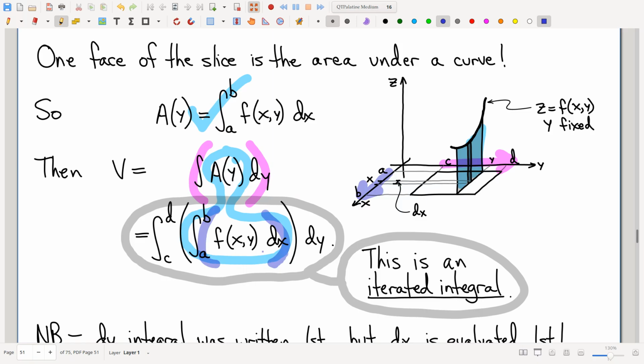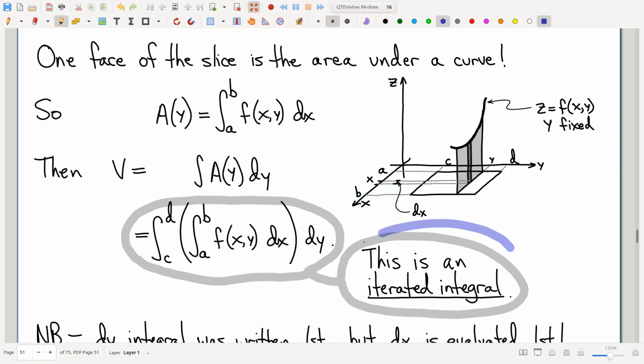So the weird thing about this computation is that we're doing an integral of another integral. And that's maybe the first time, I don't know, but possibly for many of you, probably the first time you've seen an integral of an integral. What do you think? Everybody all right? Okay. All right, so again, nice first step on this. And by the way, the terminology is called an iterated integral, because it's an integral of an integral.